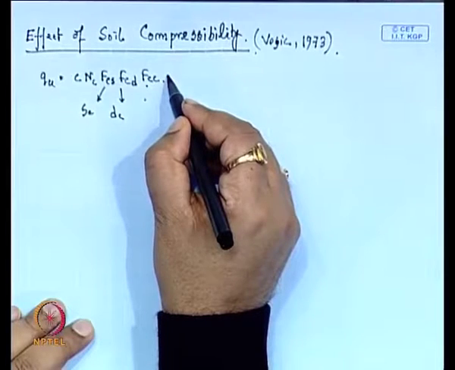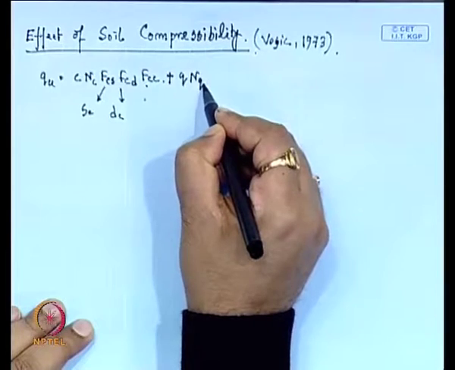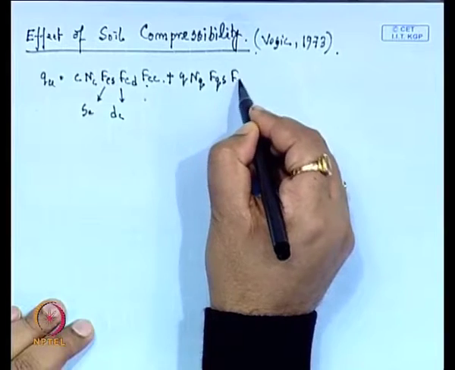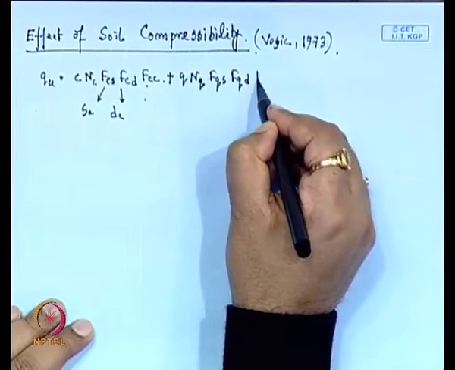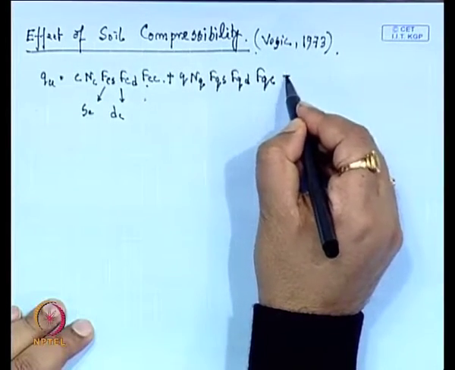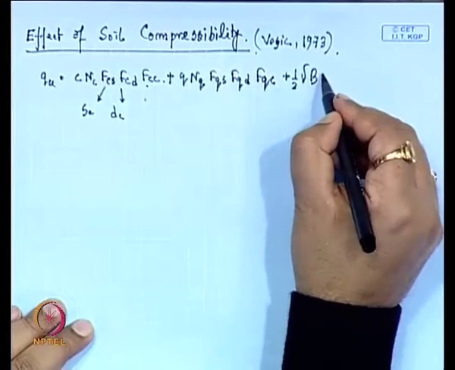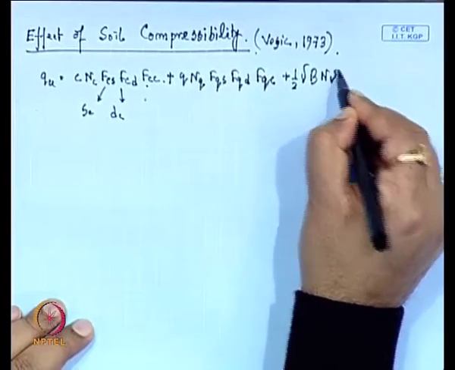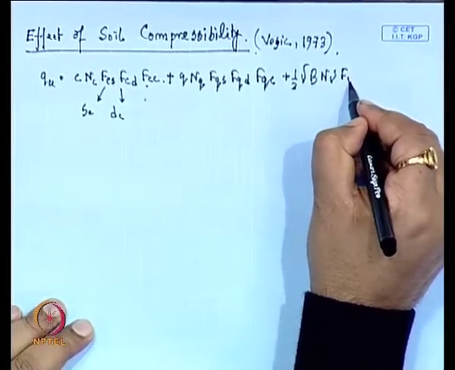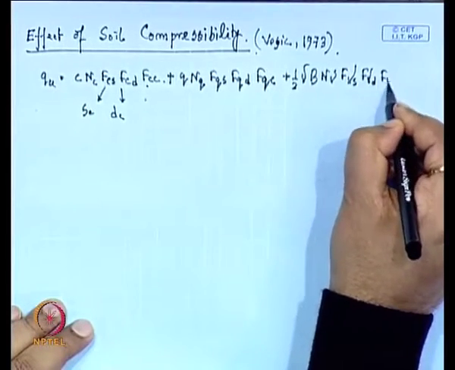Similarly, plus q Nq Fqs Fqd Fqc, plus half gamma B N gamma F gamma s, F gamma d and F gamma c.